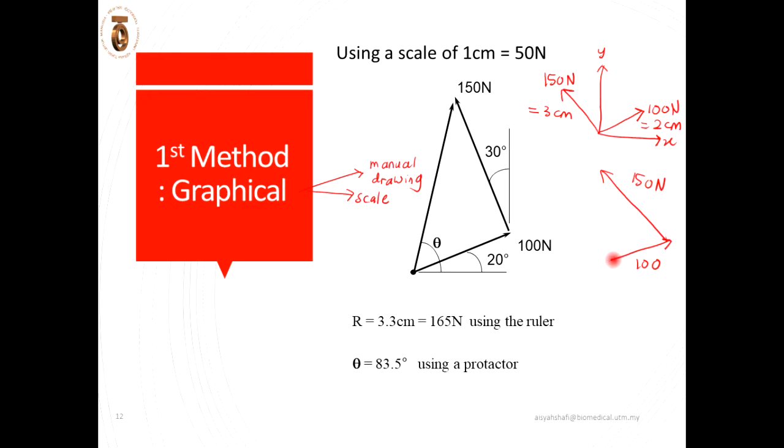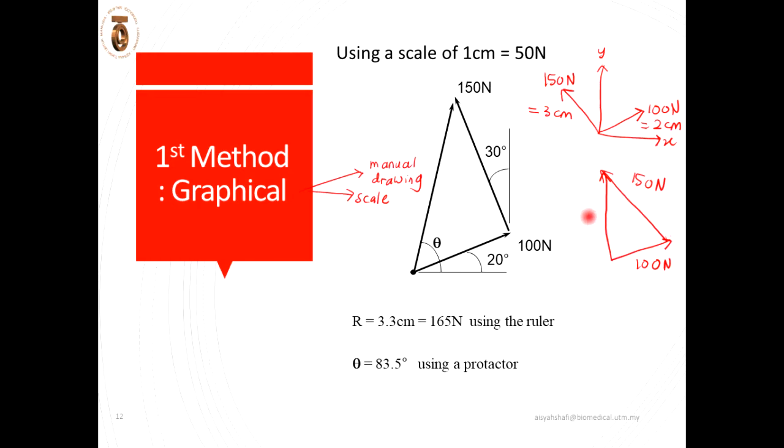From these forces, the 100 Newton is toward this, and this is tail to head. So the resultant is in the other direction, where the head meets the head and the tail meets the tail of the forces.